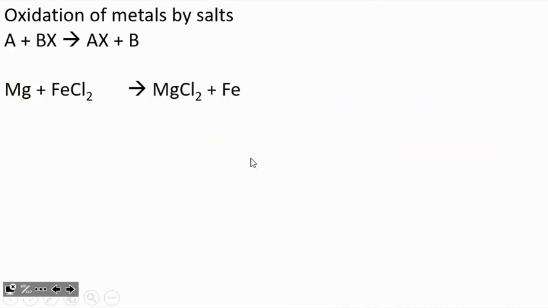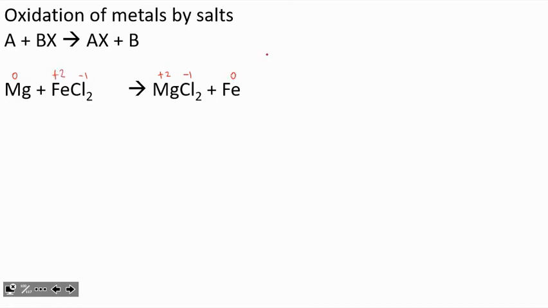So let's look at another one here. We have magnesium. We have iron 2 chloride. So our magnesium has a 0 oxidation number here. Over here, it's going to have a +2. Our chlorine then has a -1 here and here. Here, the iron will have a +2, and this iron will be a 0.